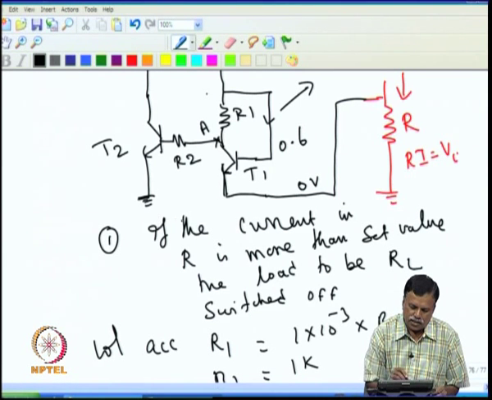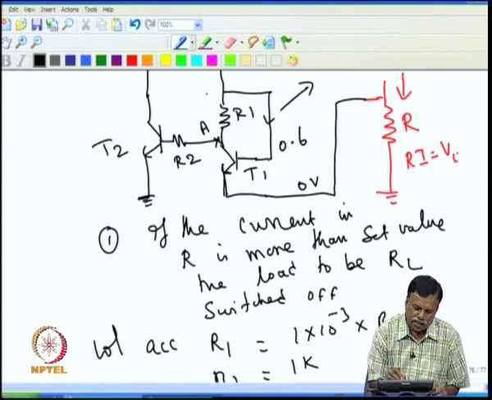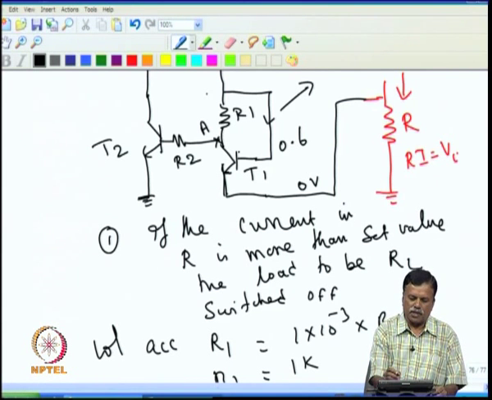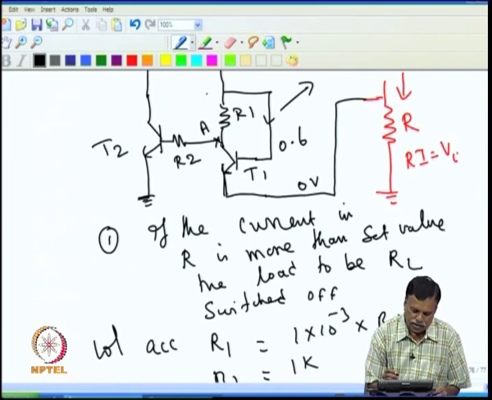But if we take this as 0 volt and this automatically comes to 0.6, then this will definitely be less than 0.6. Because if I assume that all the current is flowing, you actually need a 1 volt drop, and that 1 volt is not there right now. If this is 0.6, then some current will flow through this, and the voltage across this will not be 1 volt, because what you got is only 0.6.